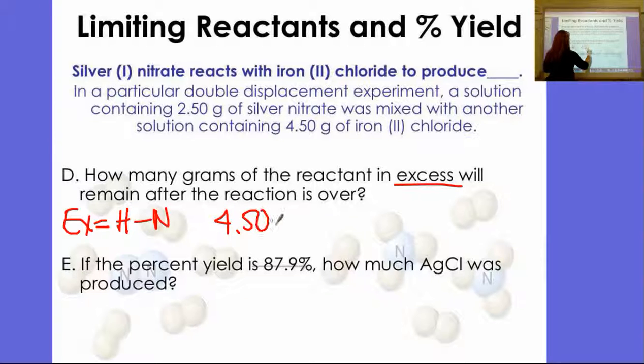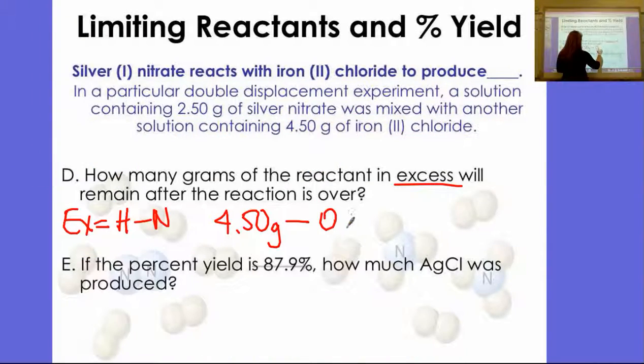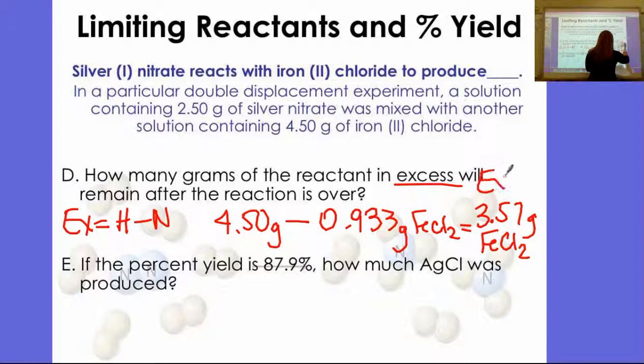Have is 4.50 grams minus, what did I need? 0.933 of FeCl2. So my excess FeCl2 is 3.57 grams in excess.